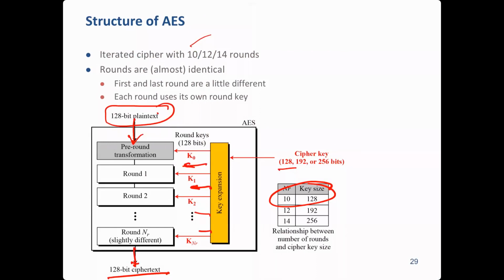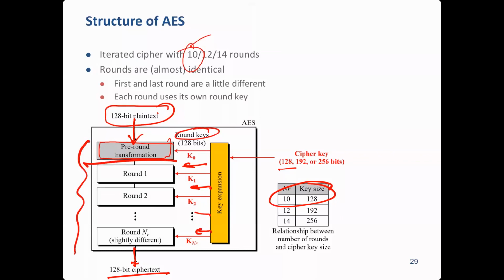We have seen that in the case of DES also we generate subkeys. We call these subkeys round keys: first round, second round, and so on. Now there is a first pre-round, which is nothing but a permutation, using the first round key, and then there are the remaining 10 rounds.